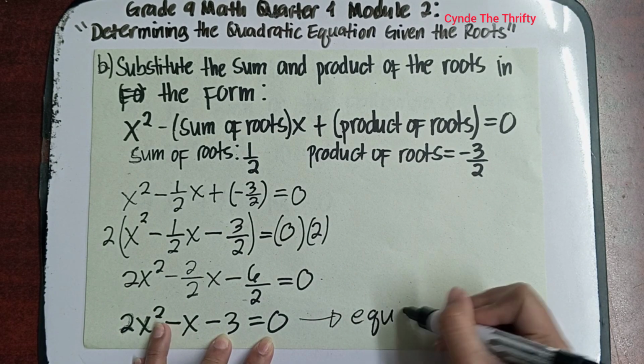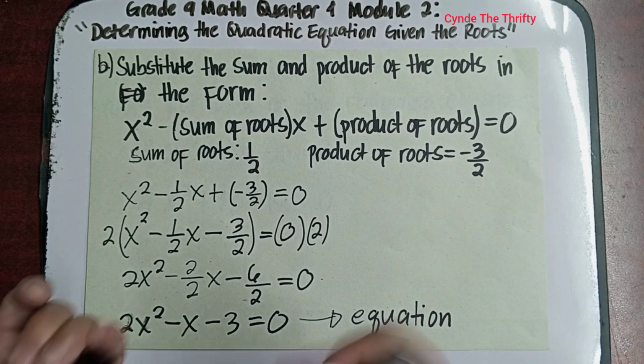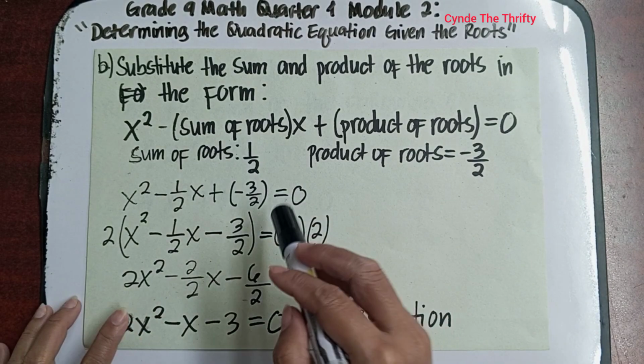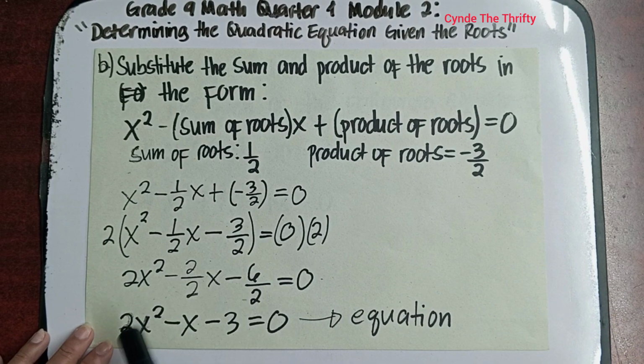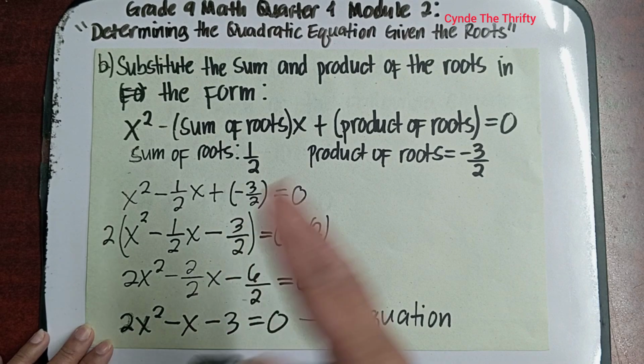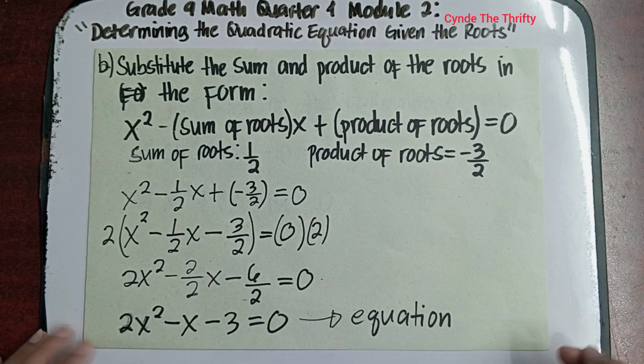So ito na yung sagot natin sa ating given na roots na, ano yung given na roots natin kanina? Negative 1 and positive 3 over 2. So, ang equation natin is 2x squared minus x minus 3 is equal to 0 given the roots negative 1 and positive 3 over 2.